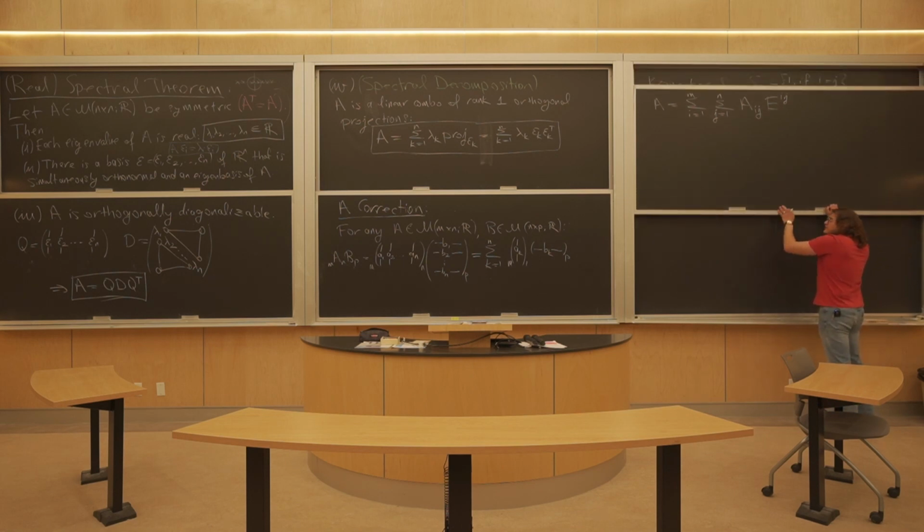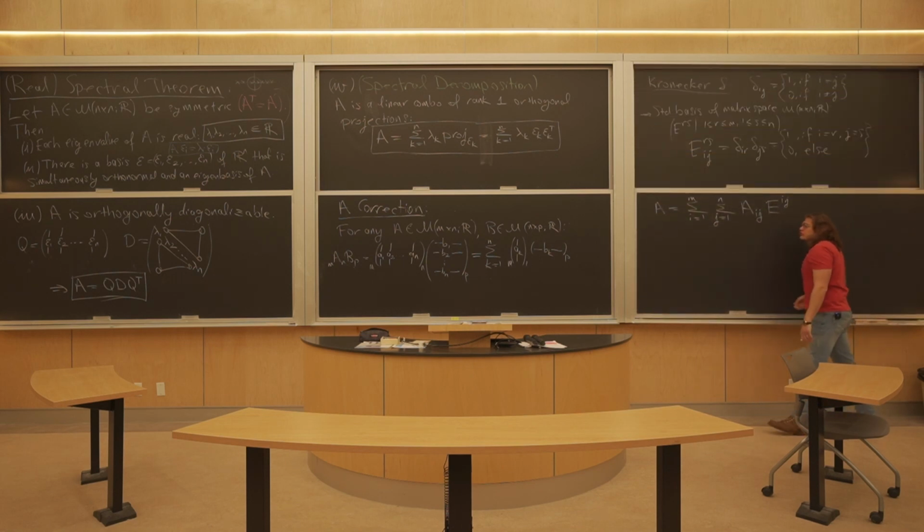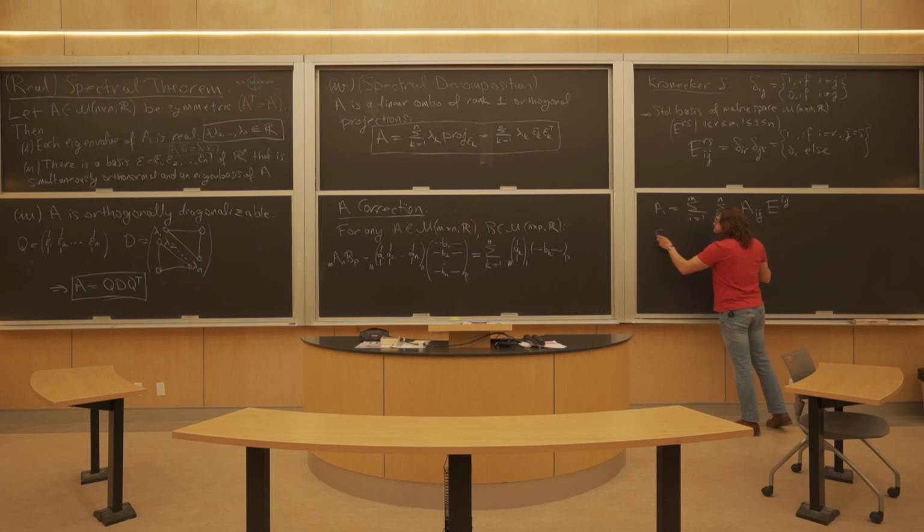Well, if that is the case, certainly I can write any matrix as a linear combination of E_ijs, right? So 2, 3, 1, 0, minus 1, 4, for instance.